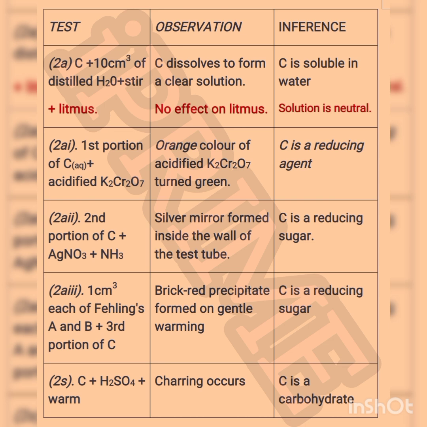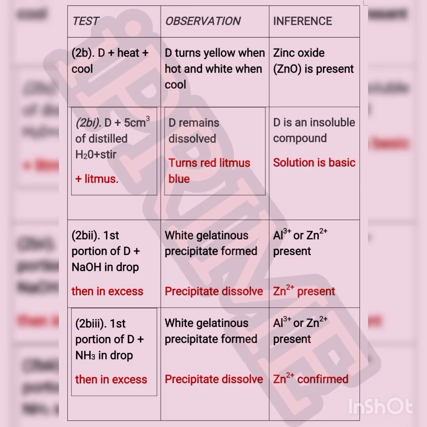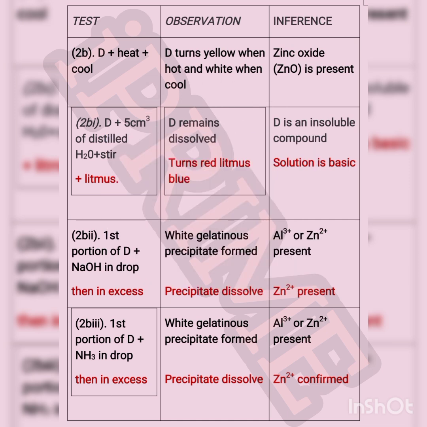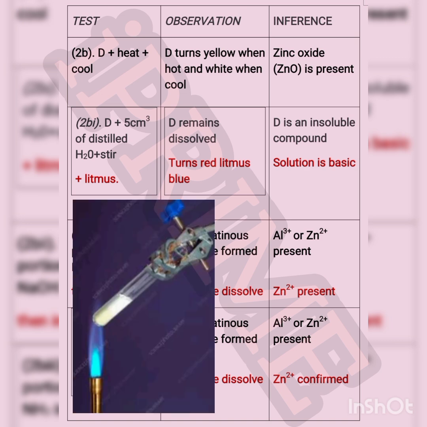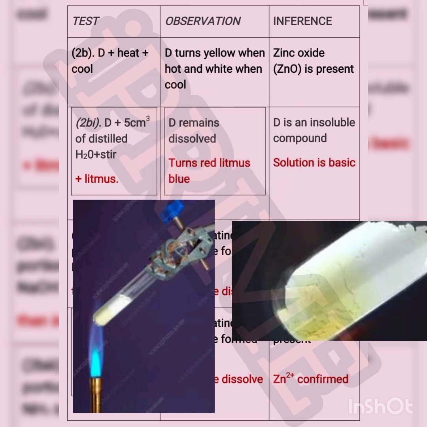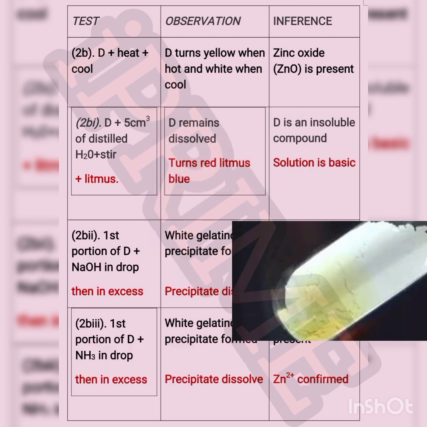Now we are done with our C. We'll move on to D. Don't forget, I said our D is zinc oxide. So to our zinc oxide, you have to put a spatula full of D in a boiling tube. Then you heat gently and allow it to cool.